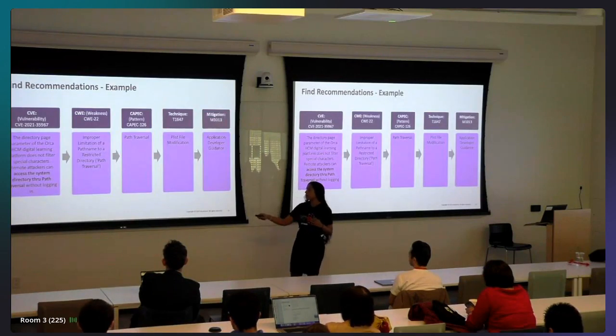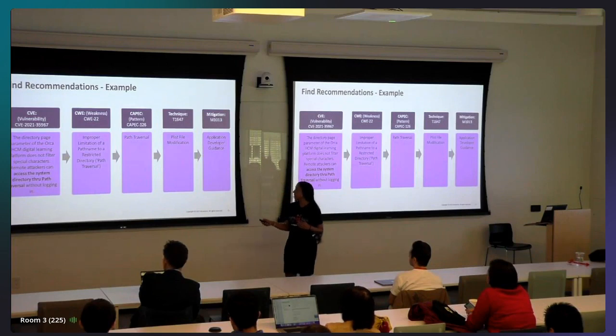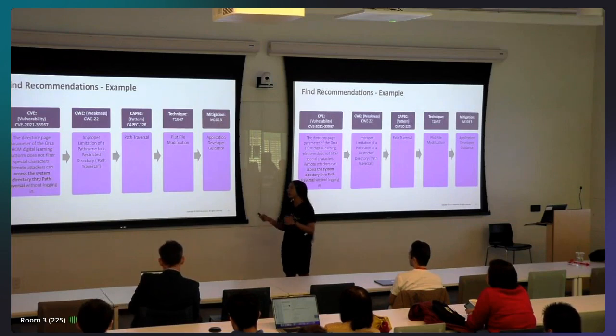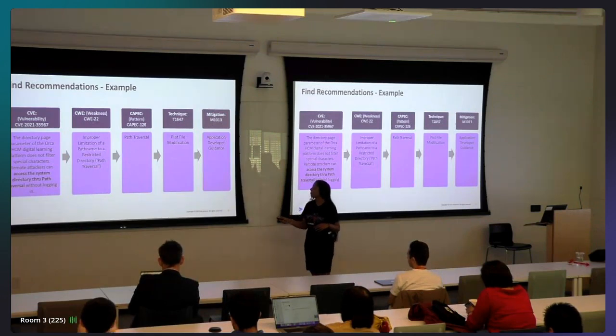Let's look at this example. In this example, we can see that there is a CVE, the textual description. We correlate it to a CWE, which is the class, and also a node in the graph. And then, through the CWE, we correlate it to all this information from the graph.